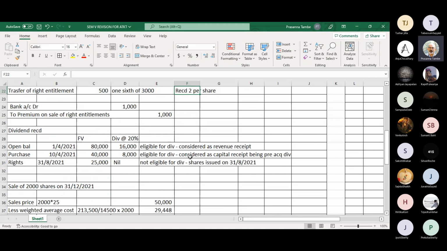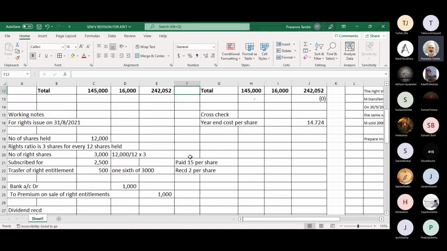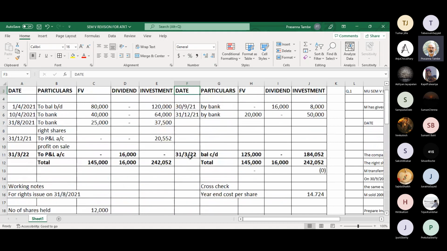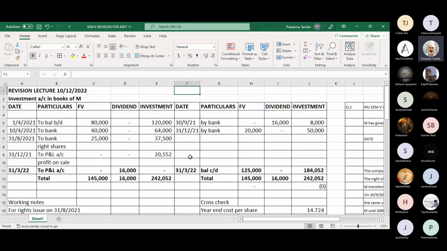Our year-end cost is also 14.724. That means our ledger closing is correct. The closing balance has been correctly arrived at. This cross-check I had told you about when we discussed the topic in the beginning, that you can cross-check your answers. If there is any mistake in posting, balancing, whatever, you can identify that mistake through this cross-check.